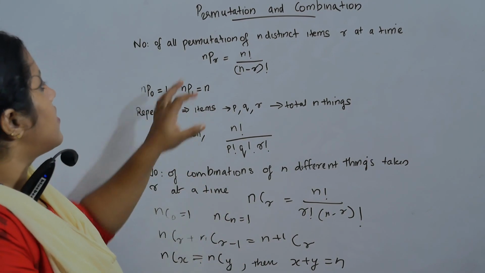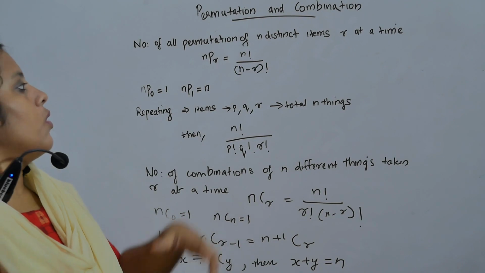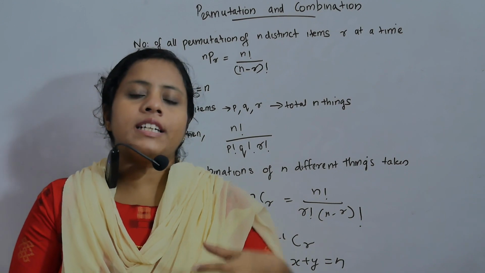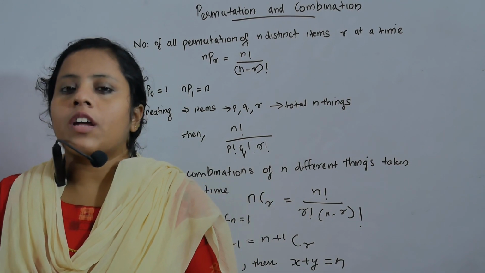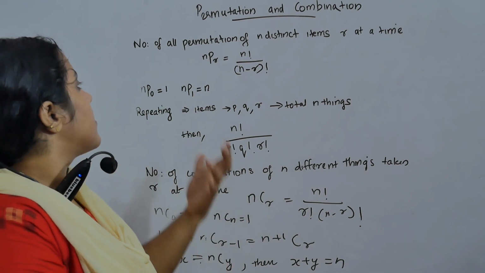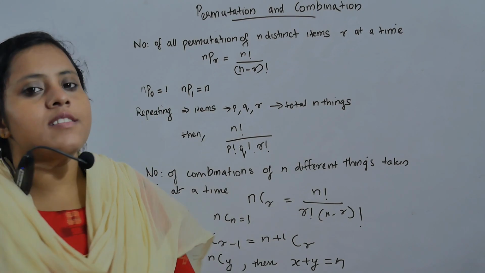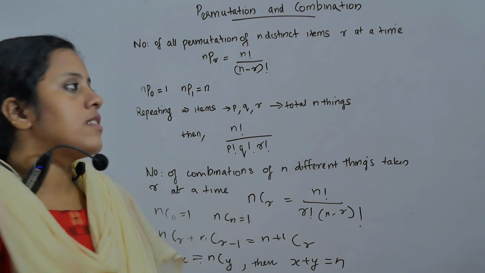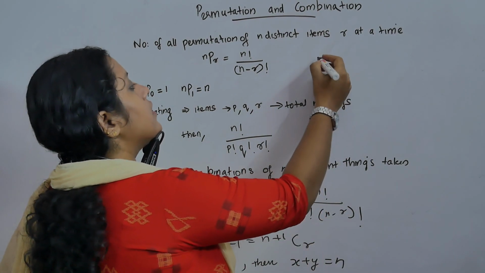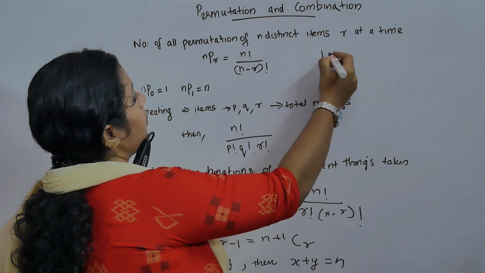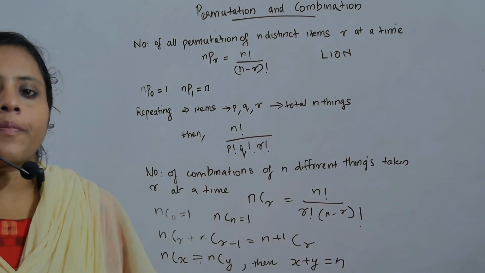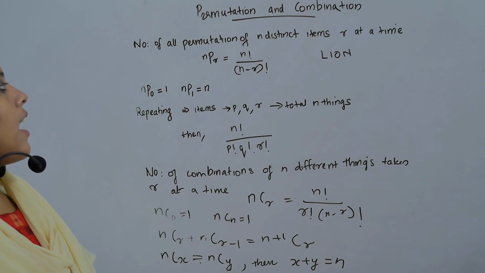So what is permutation? If we have n distinct items and we are taking r at a time, then permutation can be written as nPr equals n factorial by n minus r factorial. Suppose they give the word lion and ask in how many ways we can arrange it.